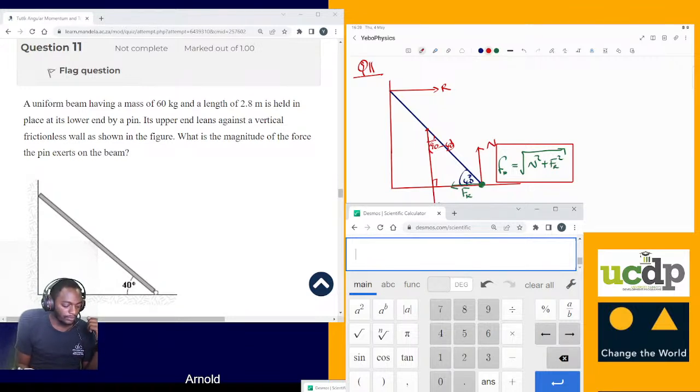Right, so I've just put that expression, and let's remember that our torque is going to be equal to r F sine of theta.